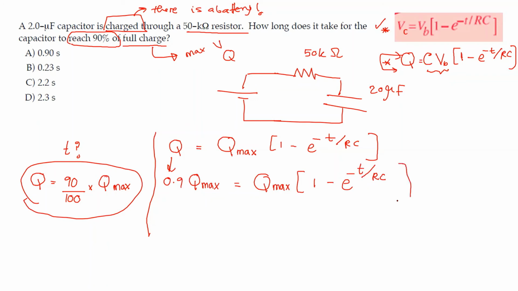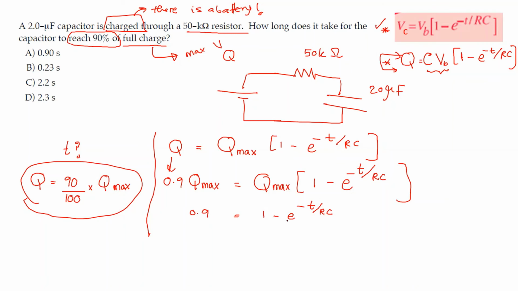So I'm not going to substitute for R and C right now. We will substitute it at the end. So we can see that Q max is common to both the sides. So it will get cancelled and we are left with 0.9 equals 1 minus e to the negative t over RC. So we need to solve for t.